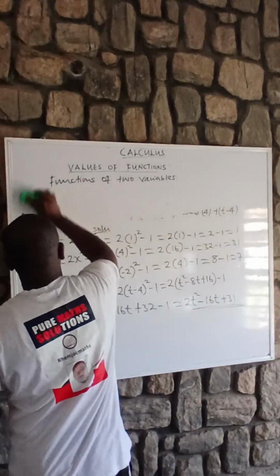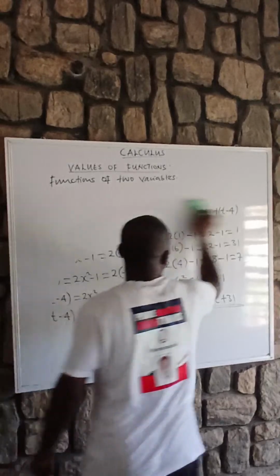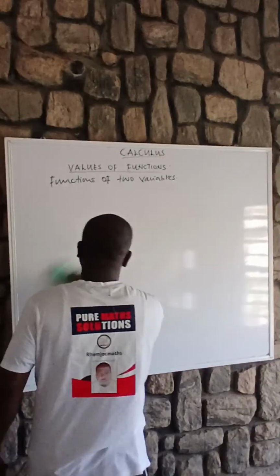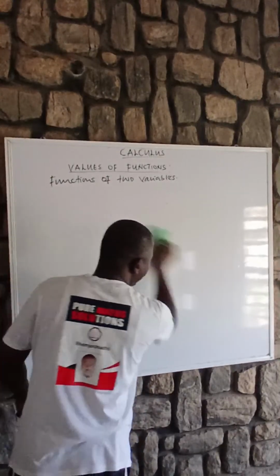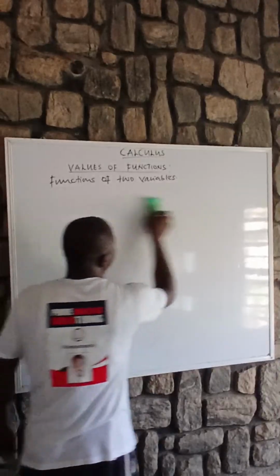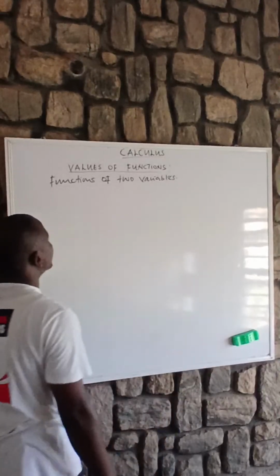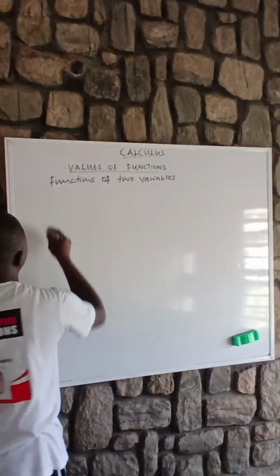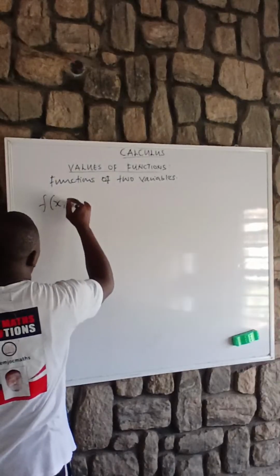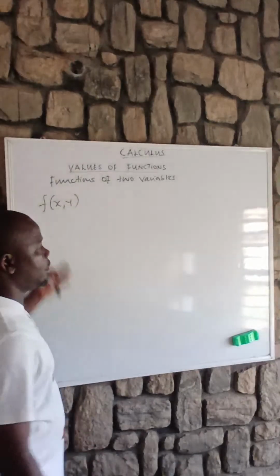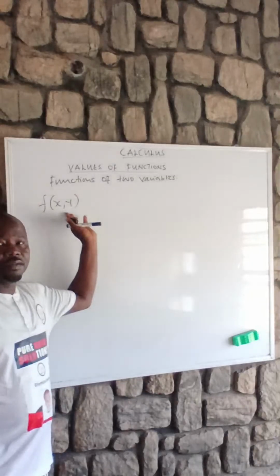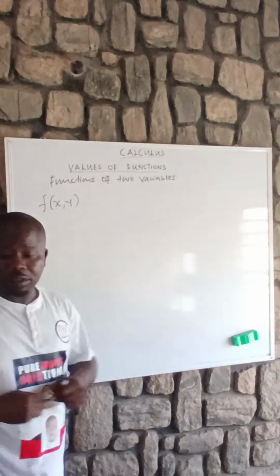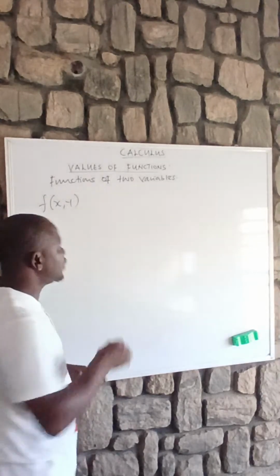We were able to tackle functions of one variable. We have functions of 3 variables, 4 variables, to n variables, as far as calculus is concerned. So now, functions of 2 variables means it is of this form, x comma y. So whenever you come across functions of this form, functions of how many variables? 2 variables.